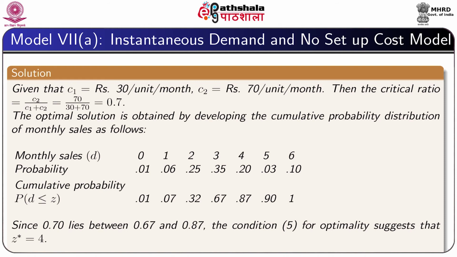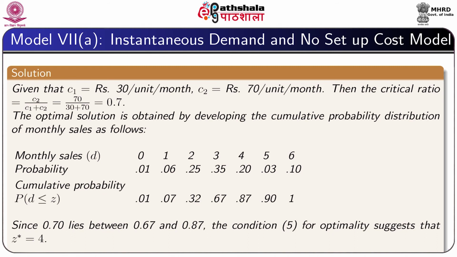Monthly sales are 0, 1, 2, 3, 4, 5 and 6, and the corresponding probabilities are 0.01, 0.06, 0.25, 0.35, 0.20, 0.03 and 0.12. The cumulative probabilities are 0.01, 0.07, 0.32, 0.67, 0.87, 0.90 and finally 1.